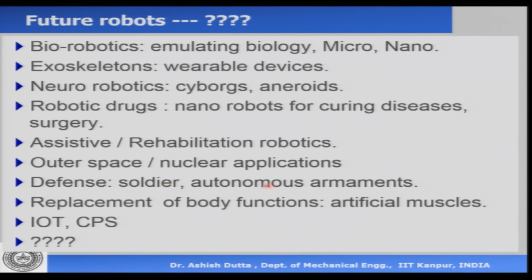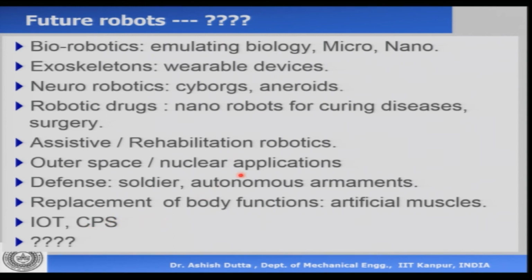Soldiers and autonomous armaments like drones are also becoming popular, because several of the countries do not want to put their soldiers to harm. So one way is to use automatic devices like robots to perform dangerous operations. Replacement of body functions like artificial muscles. Then new terms which have come up: IoT, Internet of Things, cyber physical system. This all involves robotics and automation in some form.